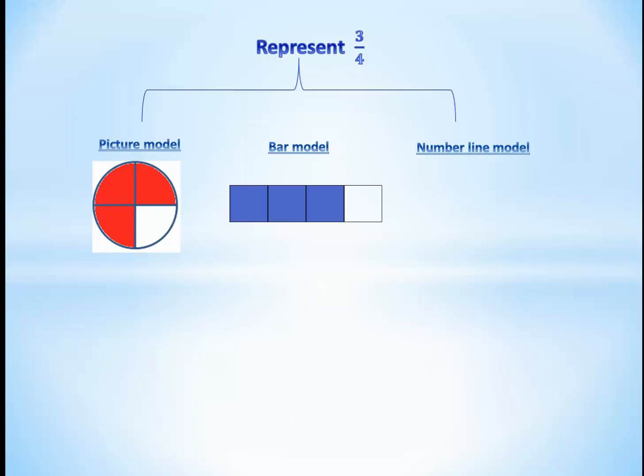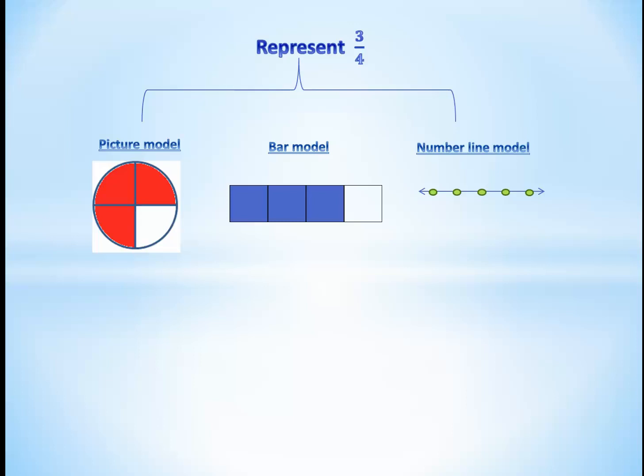Number line model: we will draw a straight line and start from 0. Okay, this is 0. To represent 3/4, it means 0/4 and the next one 1/4, 2/4, 3/4 and 4/4. 4/4 is 1.